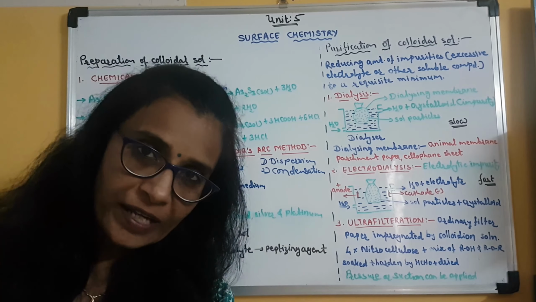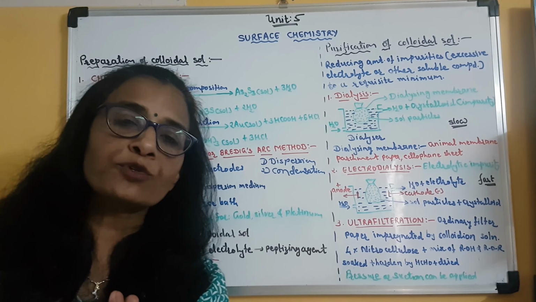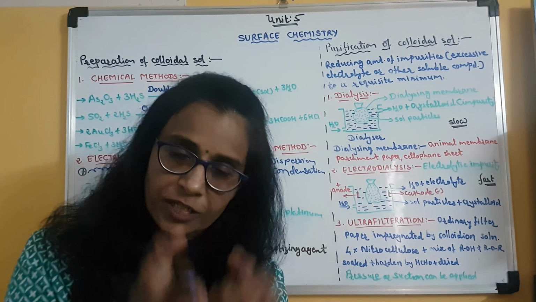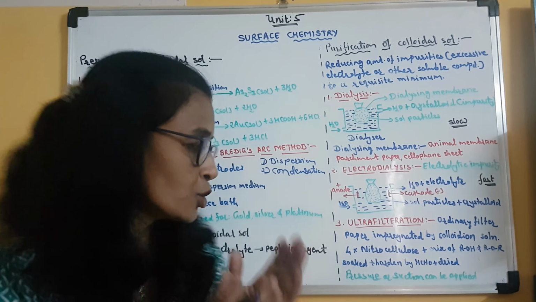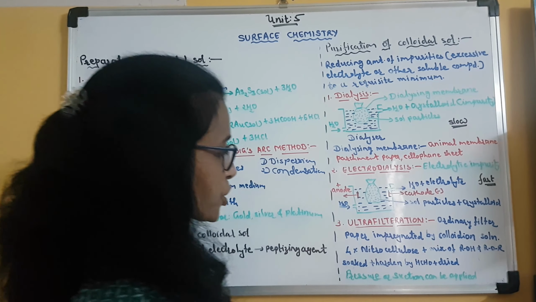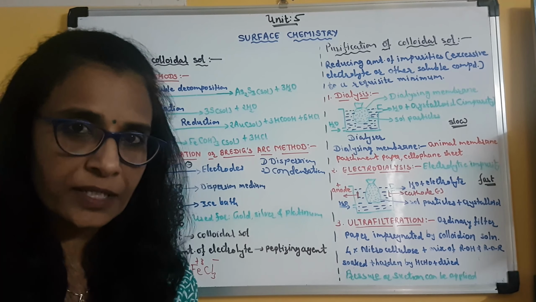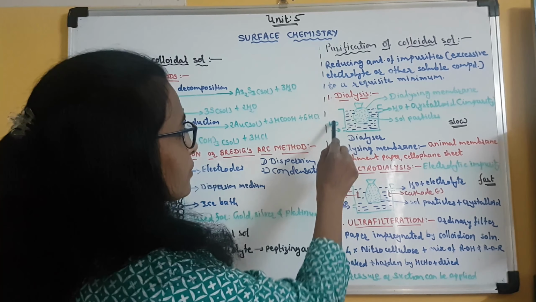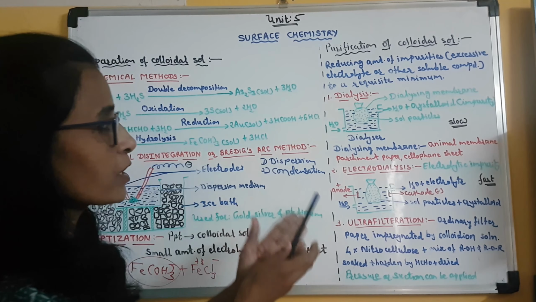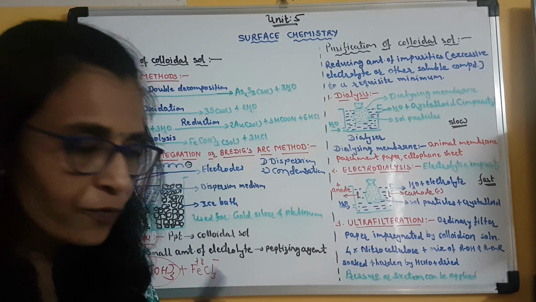So in order to fasten it, sometimes we have to apply extra pressure or suction. By applying pressure or suction, ultrafiltration can be faster. So these are three different techniques which are used for purification of sol.